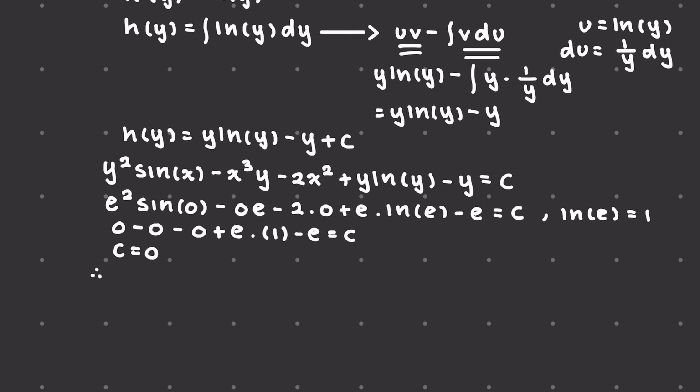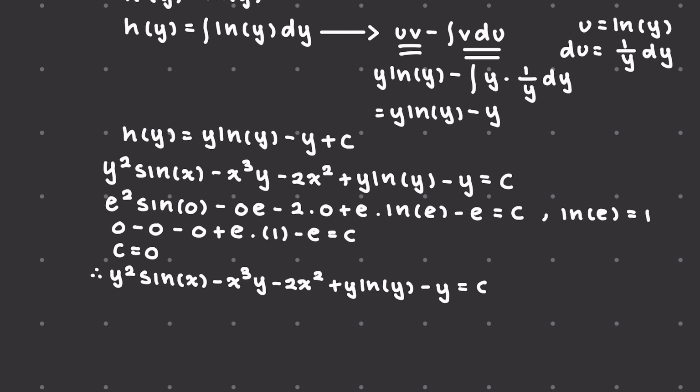And by then, this is our final answer for this exact differential equation. y squared sine of x minus x cubed times y minus 2x squared plus y ln y minus y is equal to 0.